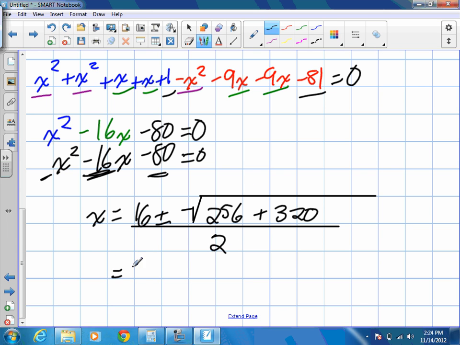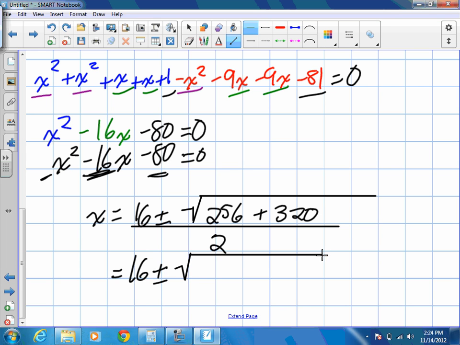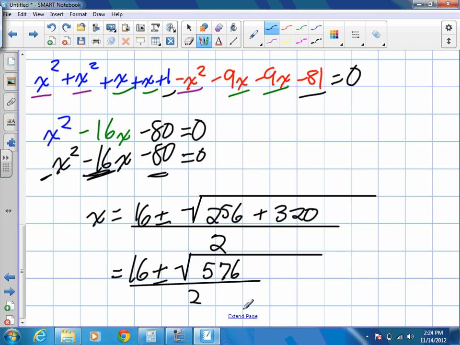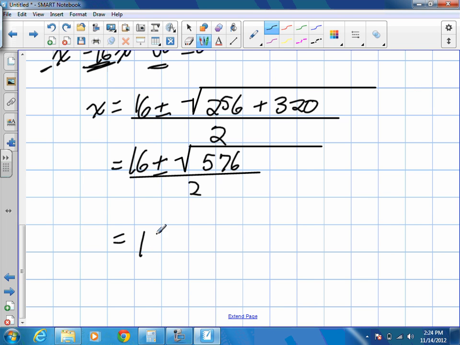16 plus or minus the root of 320 plus 256. Great. Anyone going to have a root for us there? Is it 24 right on? Yeah. Plus or minus 24 divided by 2.